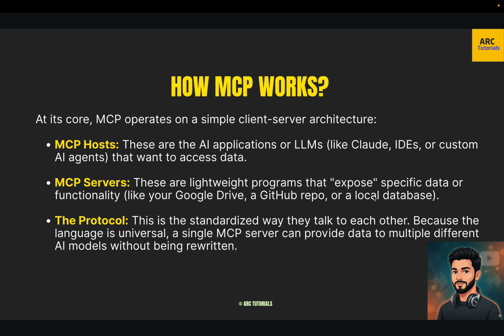The host and the server will communicate in a standard way, which is what we call a protocol. Now, protocol, because this is universal. That means any one single MCP server can provide data to multiple AI models without being rewritten, without writing the if-else logic and all of those conditions. So the protocol is standard and is used by all MCP servers. That means your AI agent can talk to multiple MCP servers.